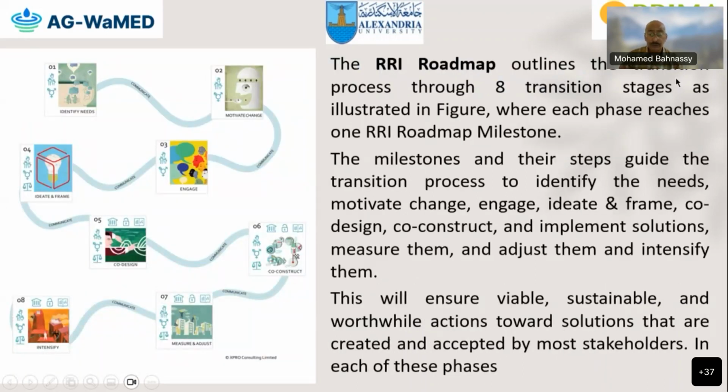We have 8 steps in performing the RRI. We call it the RRI roadmap. And these steps go through transition stages as illustrated in the figure, where each phase reaches one RRI roadmap milestone.